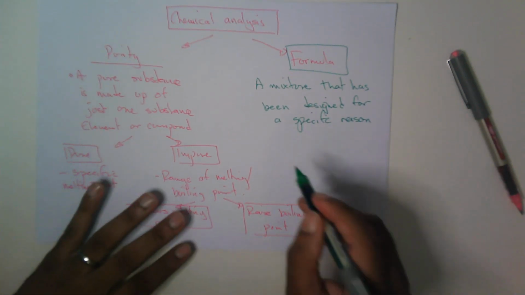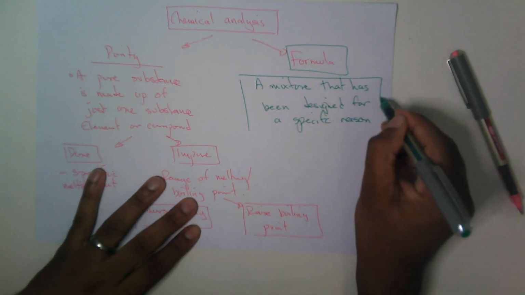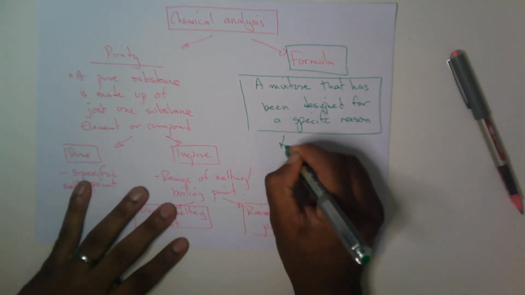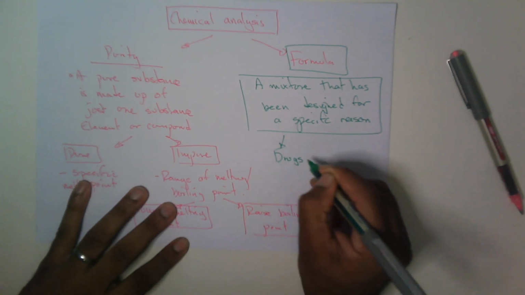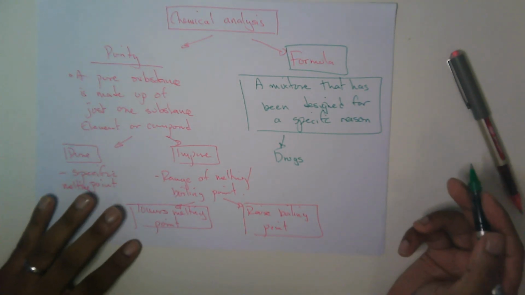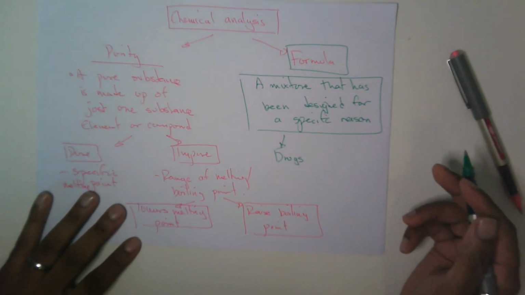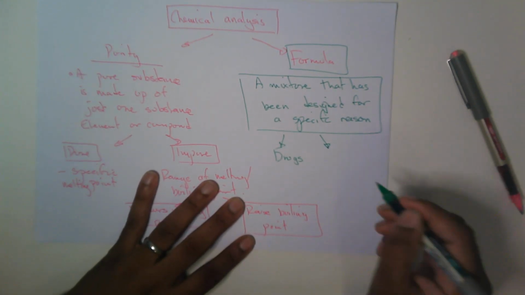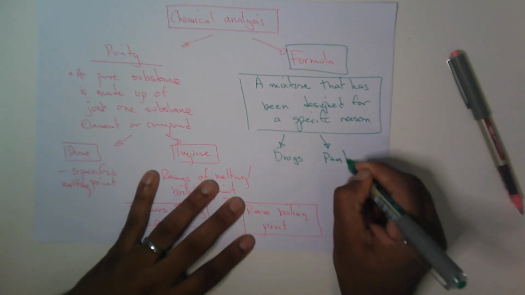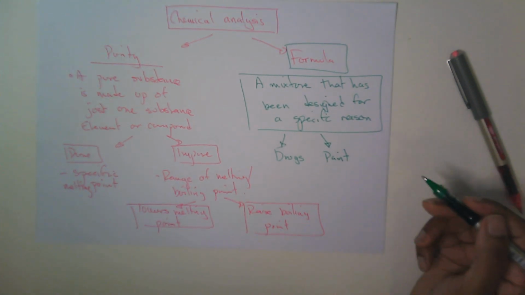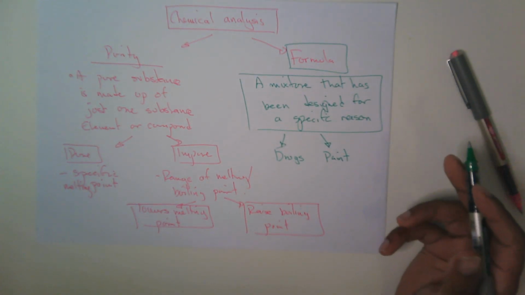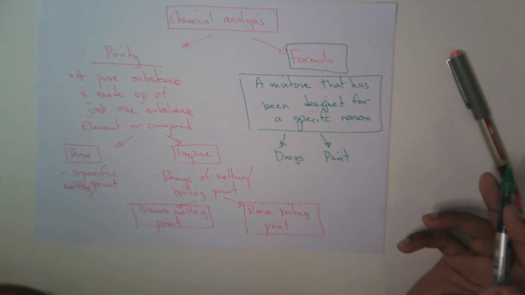Now, the most obvious formulation that we often use is medication in the form of drugs. So paracetamol, these are formulations that have got a very specific role to play. Other things which are a bit different, but paint has got a very specific role. If paint hasn't got a particular substance that binds the paint onto the wall, then it wouldn't work.